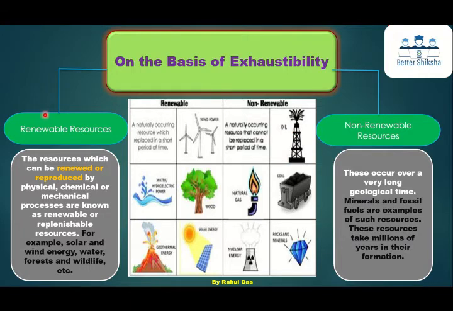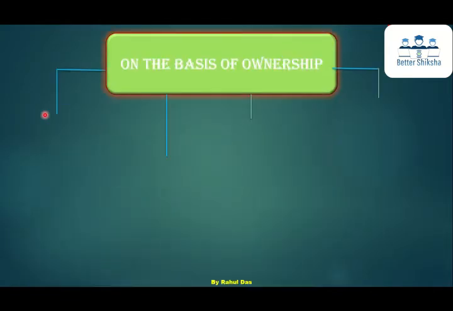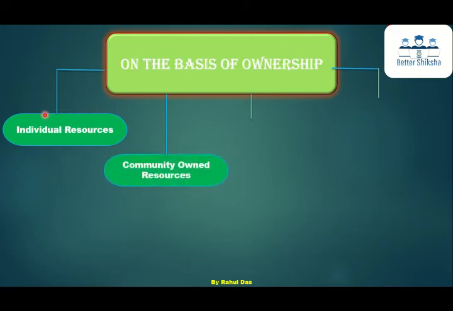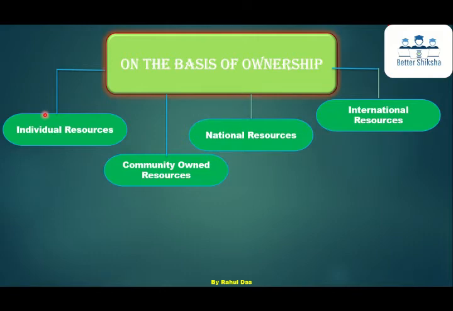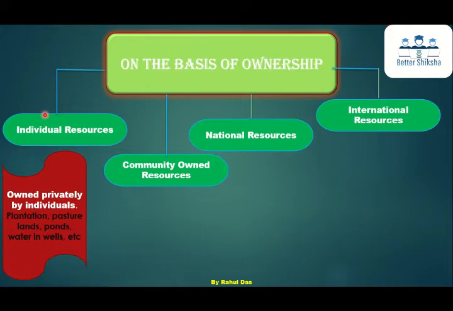We'll move to the next classification, that is on the basis of ownership. The first is individual resources, the second is community-owned resources, the third is national resources, and the fourth is international resources. Individual resources are those owned privately by any individual, for example land, ponds, water in the well, and plantations.